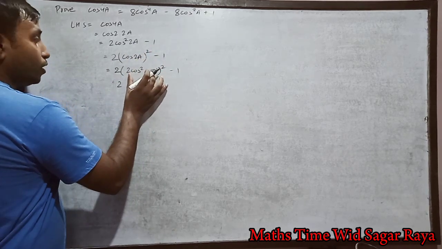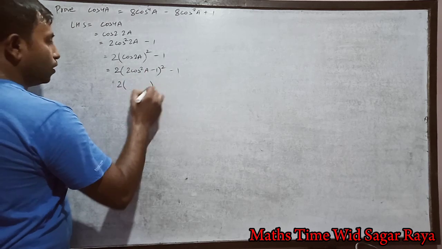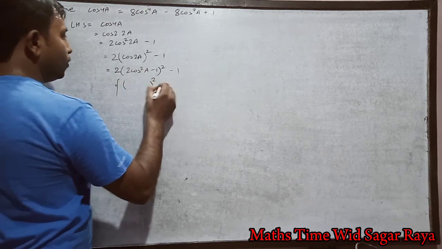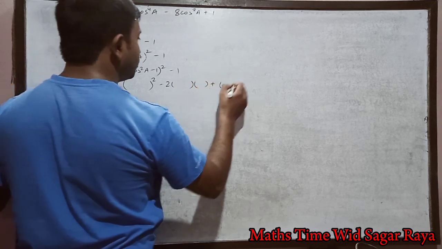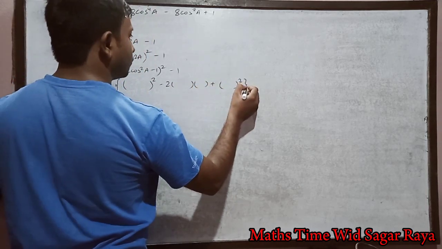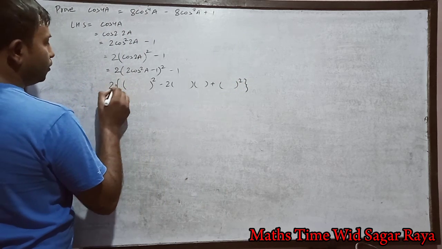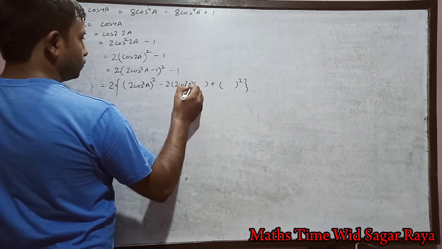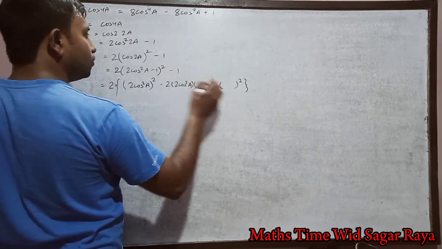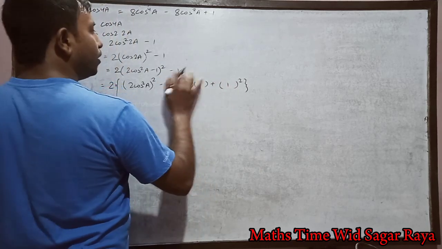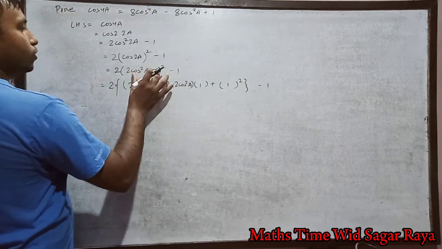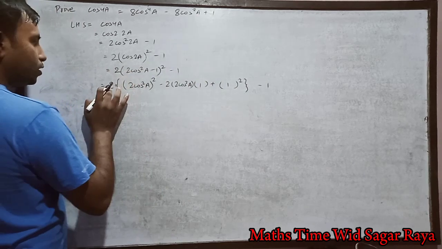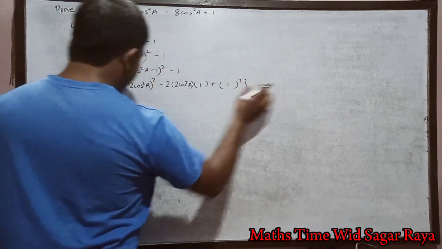Now let's use the formula of a minus b whole square: a square minus 2ab plus b square, and outside we have here 2. A means here 2 cos square a, b means 1, and at last we have minus 1. So this 2 is outside, and this minus 1 also at the last.